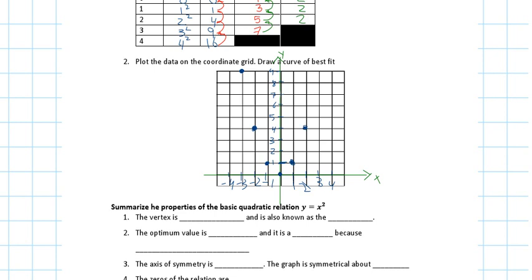So you see that looks like a quadratic function, and it should look like this. Do you have any questions about how I drew this, how I graphed it? We're good?